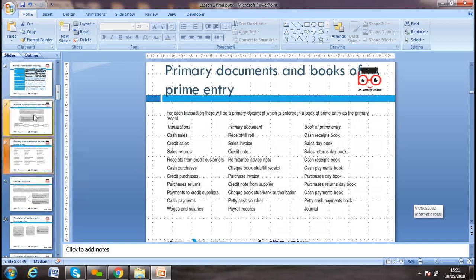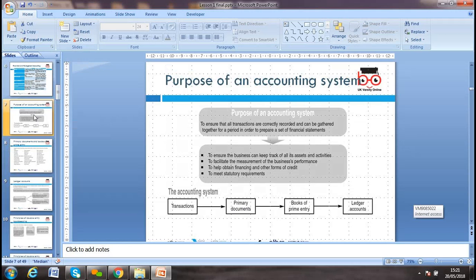The purpose of an accounting system is to ensure all transactions are correctly recorded and gathered together for the period in order to prepare a set of financial statements, to keep track of all the business's assets and activity, to facilitate the measurement of the business and financing, and to meet the statutory requirements, which by law we have to follow.